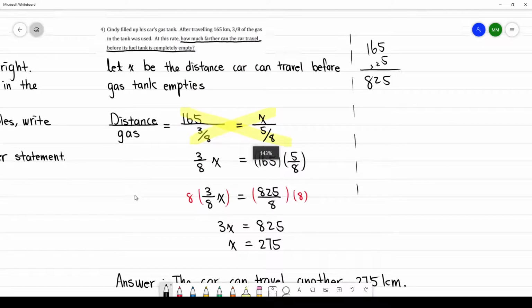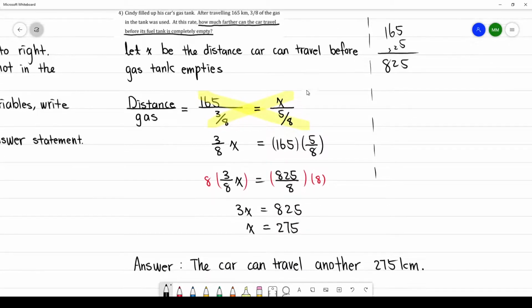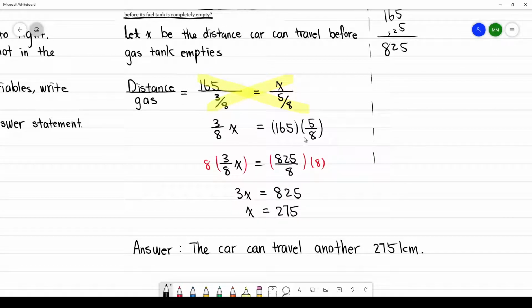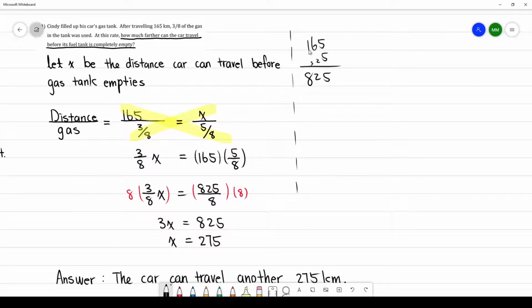So to recap, first I wrote a let statement. So let x be the distance the car can travel before the gas tank empties. And then I did the work here. So distance over gas is 165 divided by 3/8 equals x divided by 5/8. And then I carried on to solving this equation. And when I need to show the calculation, I write it on the side.